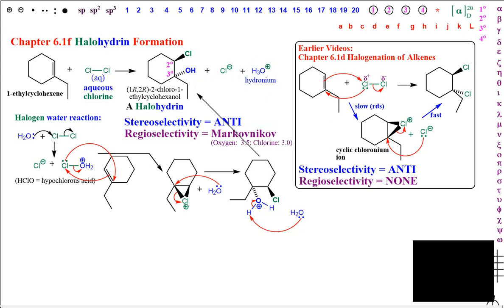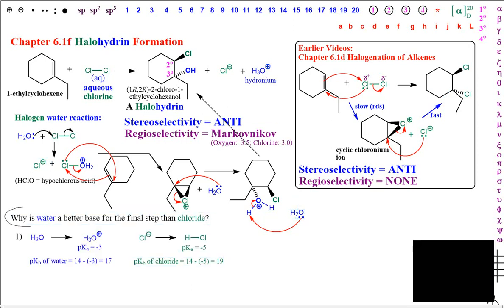The question now is, why is water a better base for this last step than chloride ion formed way back here? I will answer that in two parts. So why is water a better base for the final step than chloride? Water has a pKb that is 2 units lower. Water becomes hydronium. pKb of water is therefore 14 minus the conjugate acid's pKa, 17.